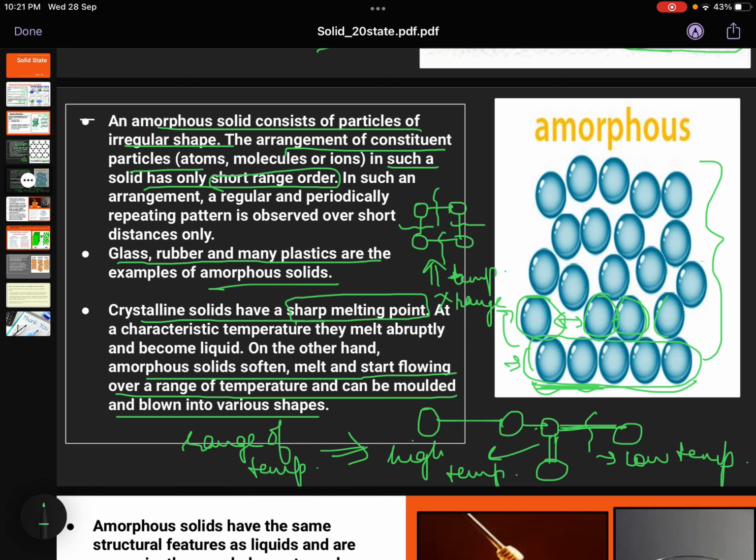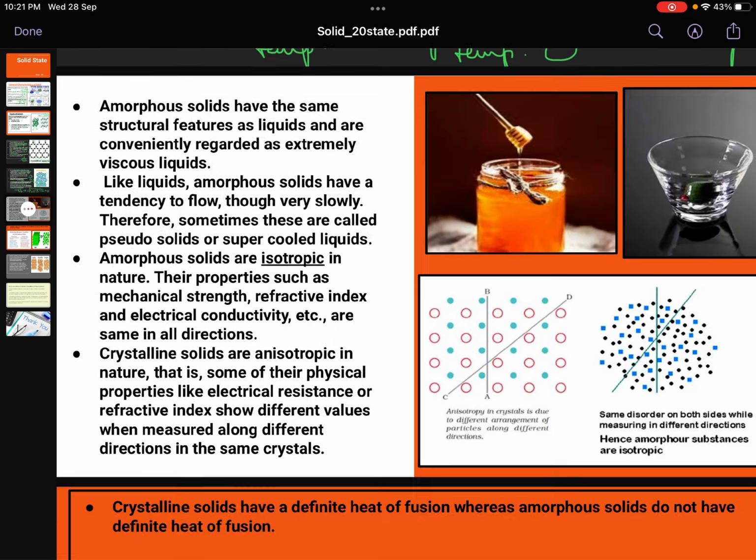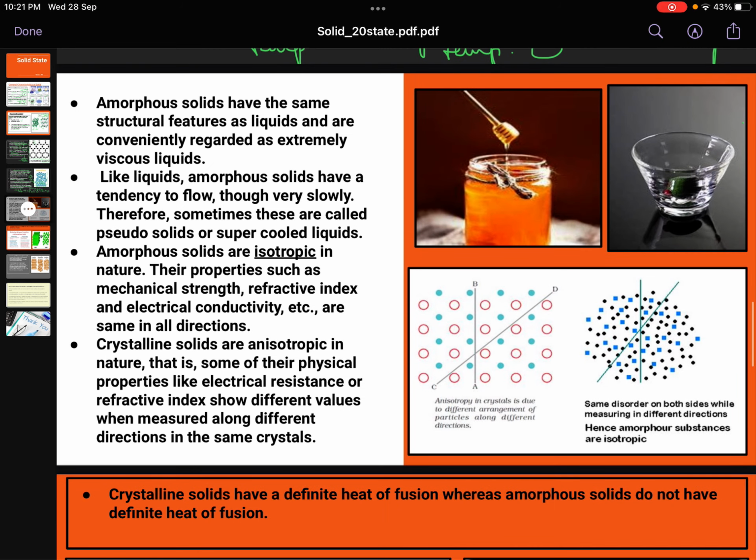Okay, now look at the next slide. Amorphous solids have the same structural features as liquids and are conveniently regarded as extremely viscous liquids. What are viscous liquids?